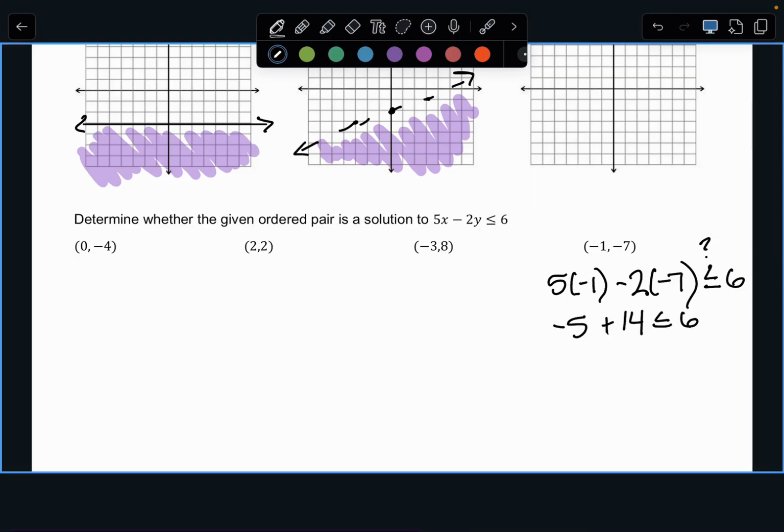Watch your negatives there. -5 plus 14, 9. Is 9 less than or equal to 6? No. So is this a solution? No, we would say not a solution.